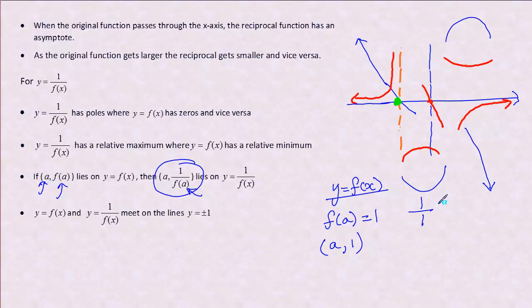But 1 over 1 is equal to 1, and therefore a, 1 must also be on y equals 1 over f of x. So the graphs will cross when y is 1, and by the same argument when y is negative 1.